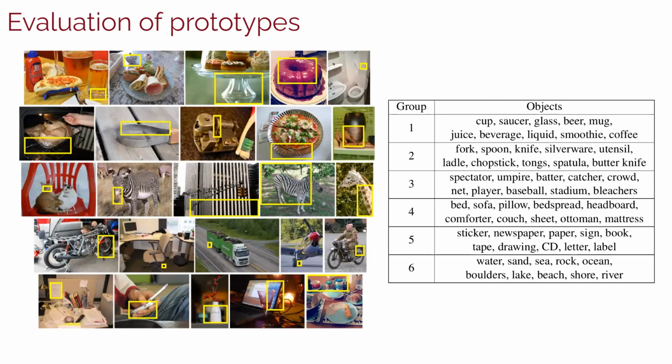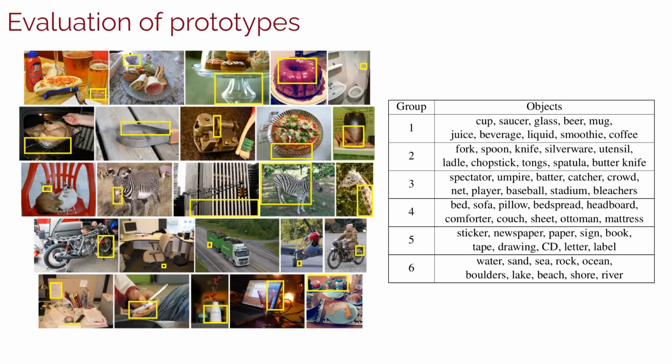In addition, we can also cluster different objects based on their similarity with prototypes. As shown in the table, the objects are well separated based on their contextual relationship. For instance, groups 1 and 2 are about objects belonging to similar supercategories, such as drink and kitchenware, while groups 3 and 4 are more about the appearance in visual scenes, such as baseball game and bedroom.